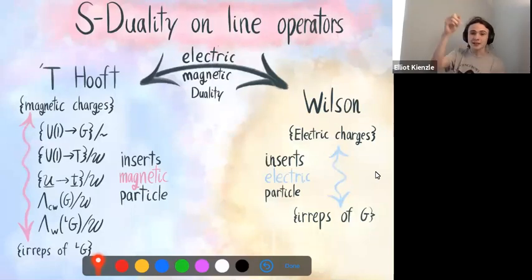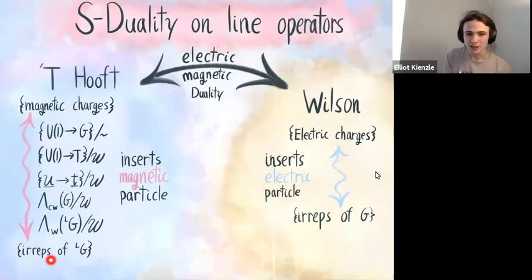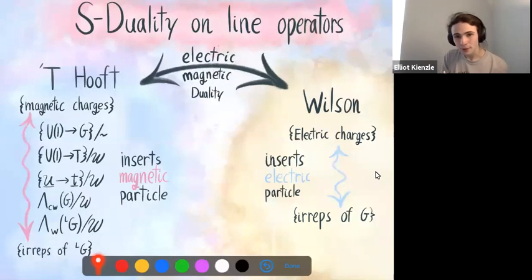And then by the highest weight theorem, these are in one-to-one correspondence with irreducible representations of the Langlands dual. So magnetic charges are classified by irreducible representations of the Langlands dual group.